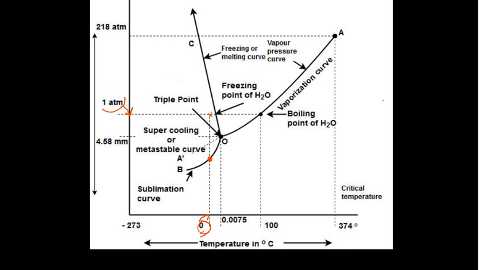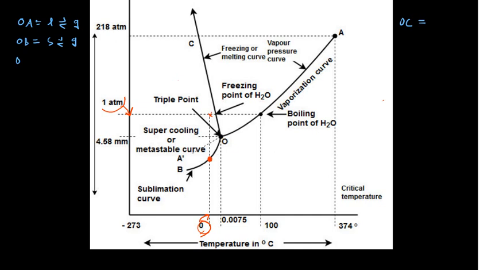Now, finally, what are you left with actually? Now, you are left with this particular graph, this one, this is the curve OC. So, now I am going to explain the curve OC. See, again you see in the curve OA, you are having the liquid water along with the water vapor, and along the curve OB, you are having the equilibrium between the solid ice and the vapor or the gas.